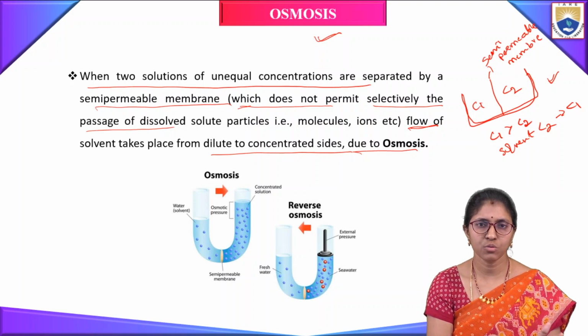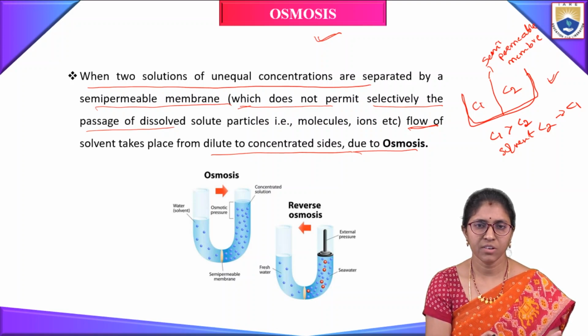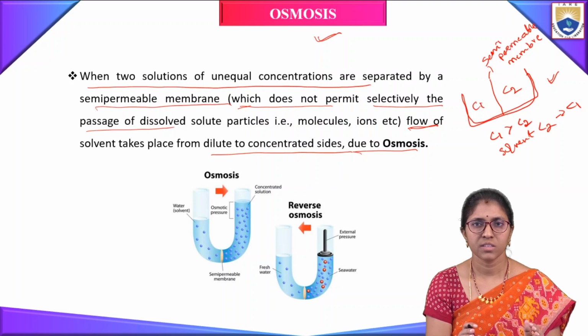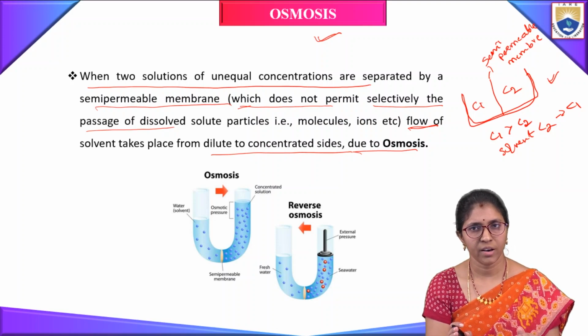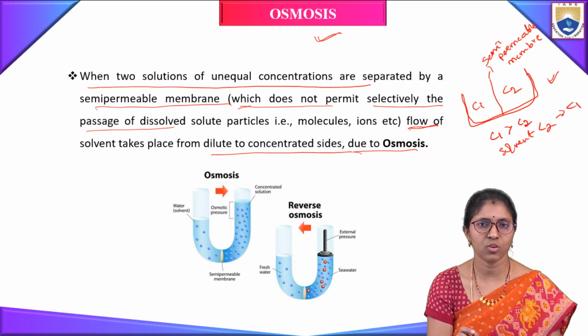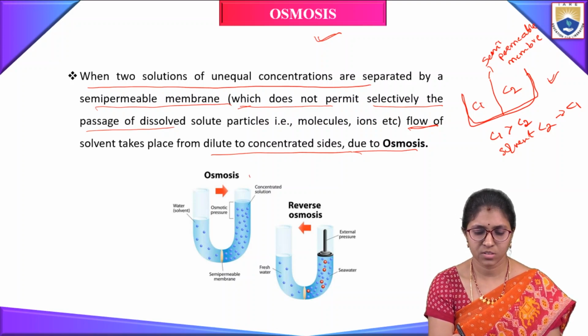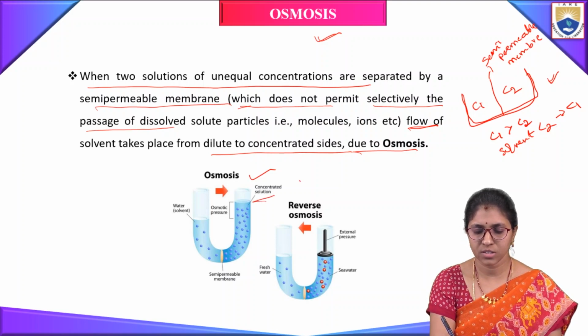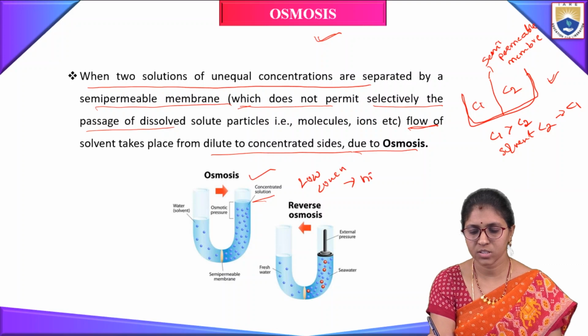So when two solutions of unequal concentrations are separated by a semi-permeable membrane, the solvent flows from low concentration to high concentration. This process is called the osmosis process.